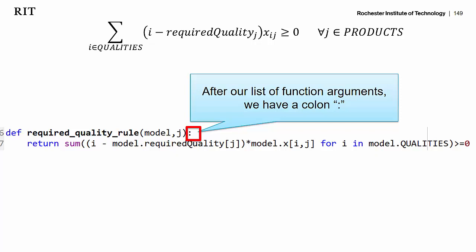And then we see that j value being used twice within our constraint. And then finally, after our comma-separated list of arguments, and so far we've only seen examples with one argument, but we could have constraints where we're passing both an i and a j value, we have a colon, which says, all right, execute all the lines that are indented after this colon.